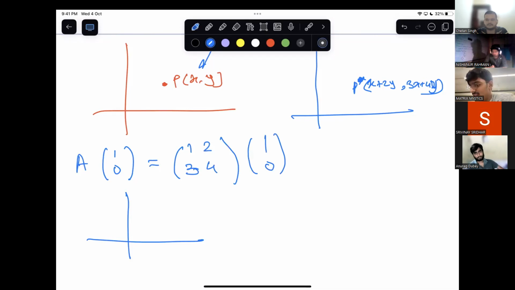Now I'll multiply this and see what this matrix is actually doing to 1 comma 0, that is I cap basically. So that goes to 1, 3. I hope I'm right.